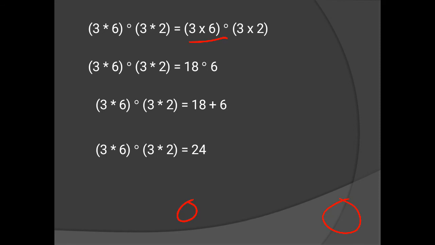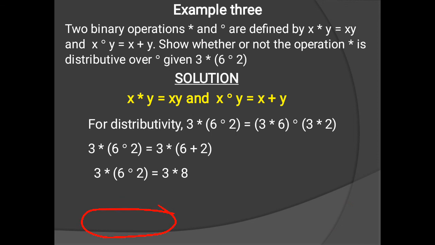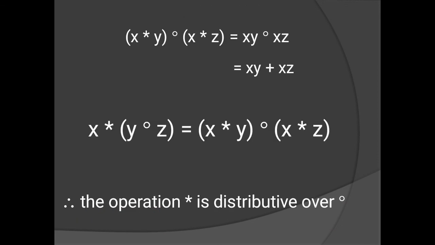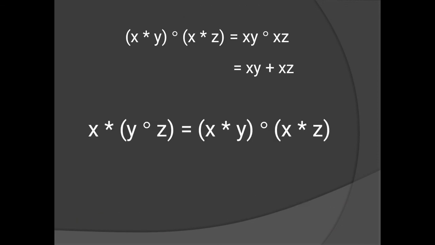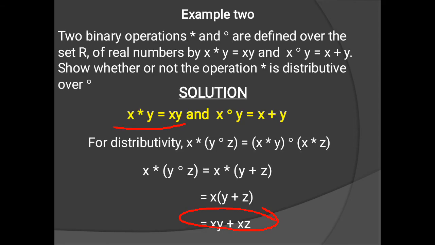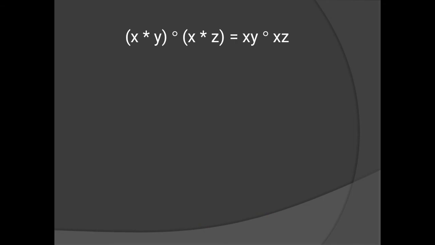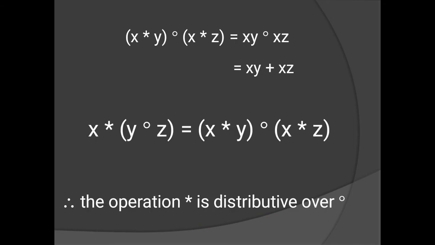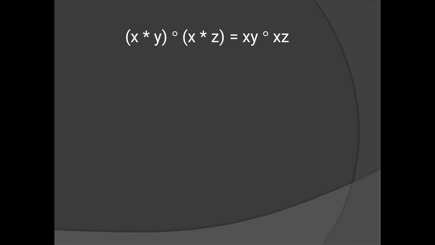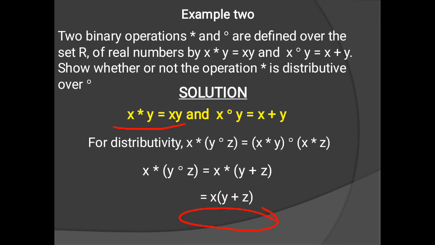But then in the previous one, let me show you the previous one. In this very one, it was also distributive, right? Yes, because we had the same answers, xy plus xz, which is the same thing here, xy plus xz.